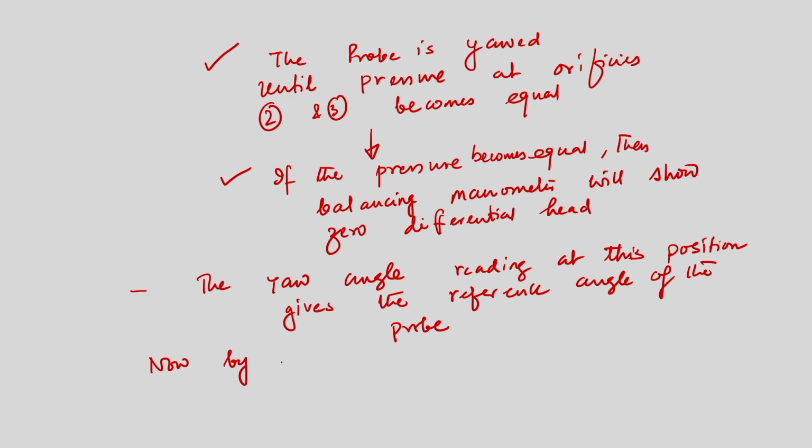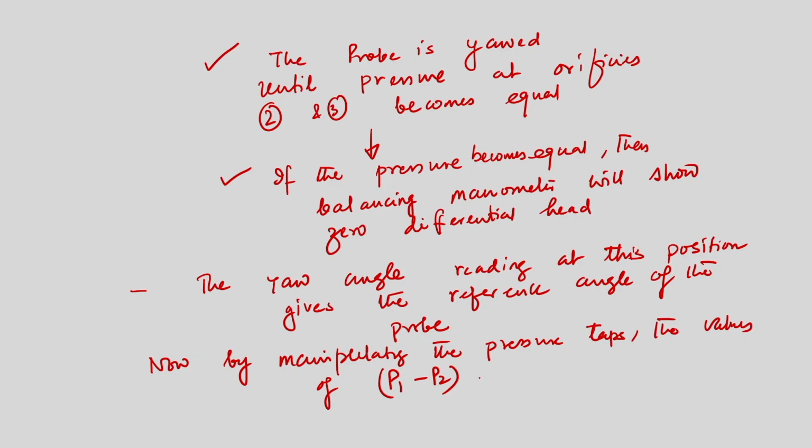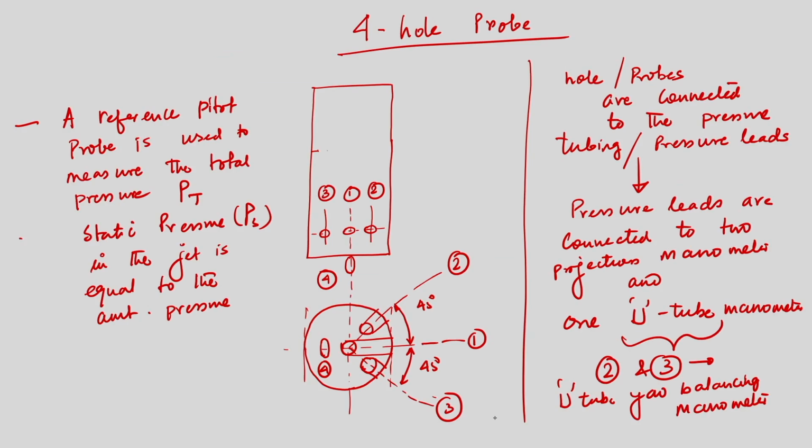So what can I do now? By manipulating the pressure taps, the values of P1 minus P2, since P2 and P3 are equal, so P1 minus P2 is as good as P1 minus P3, P1 minus P4, P1 and PT, that is the total pressure obtained using a reference pitot tube.